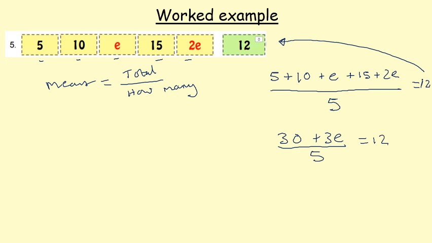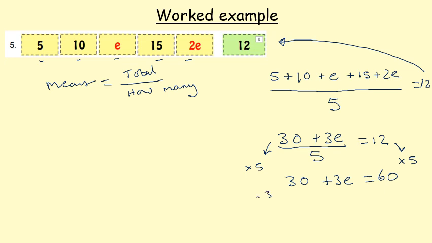Now, if I'm rearranging equations, the first thing I want to do is get rid of my fractions. So all of the left-hand side is divided by 5, so I'm going to multiply both sides by 5. This is going to leave me with 30 plus 3E on my left-hand side, and on the right-hand side 12 times 5 is going to be 60.